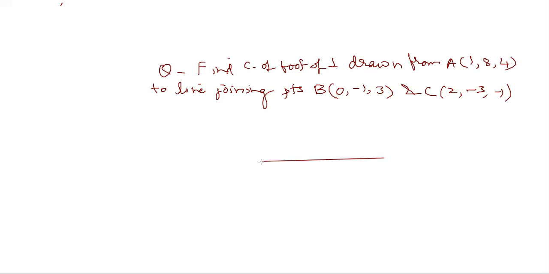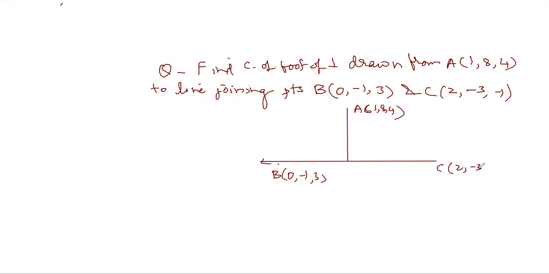So this is BC, and this is from A to BC. A is the point whose coordinates are 1, 8, and 4, and BC is the line. Find A, the foot of perpendicular D.